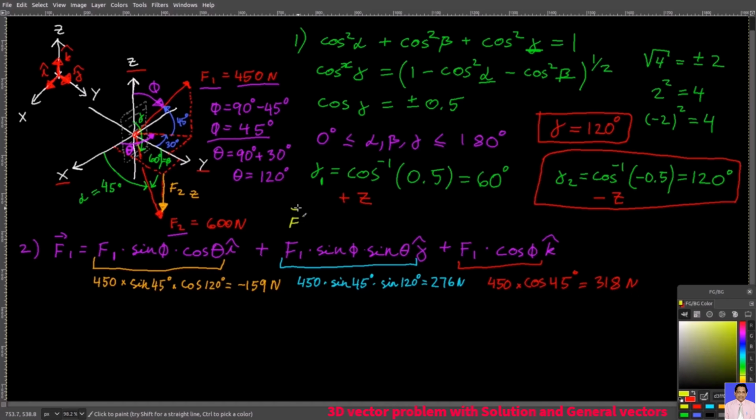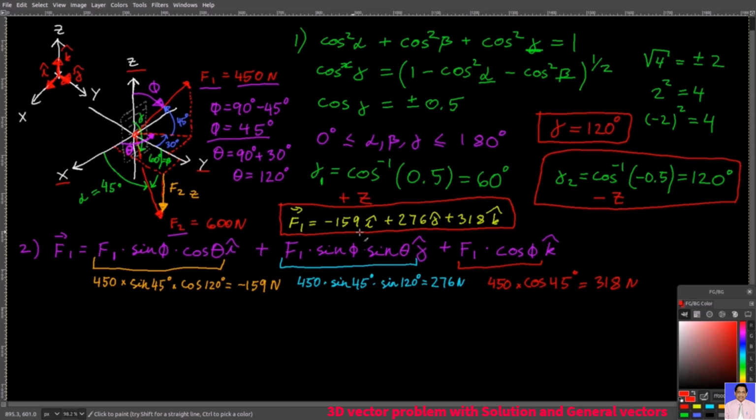That means F1 vector equals minus 159i plus 276j plus 318k. You have decomposed your F1 vector. And you can see that it makes sense because it has a negative x component, a positive y component, and a positive z component. You see the same thing in this image. Negative x, but positive y and z.